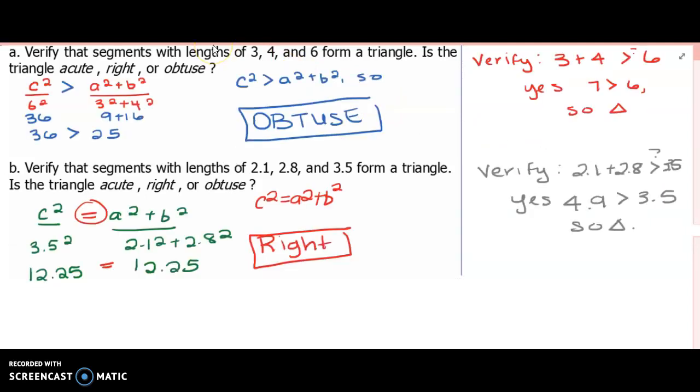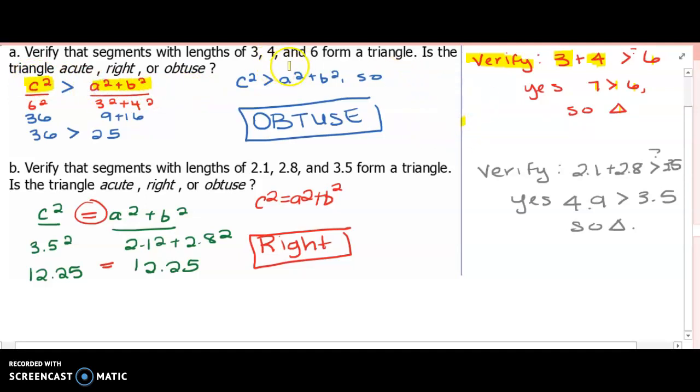All right, so on A, the first thing I want to do is verify that we have a triangle. So I'm going to add the two smaller sides, 3 and 4, which gives me 7. And 7 is bigger than the third side, which is 6. So yes, I do have a triangle. So now that I know it forms a triangle, I can find out if it's acute, obtuse, or right. When I do that, I always compare my c squared to my a squared plus b squared.